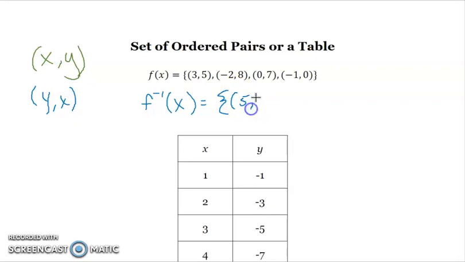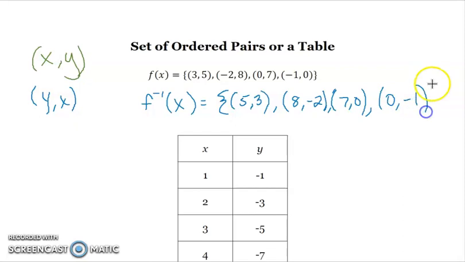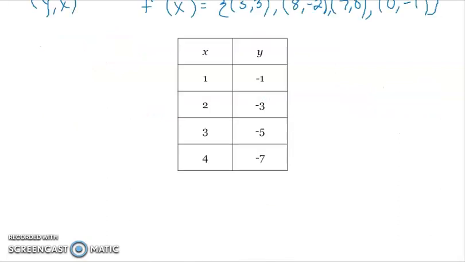So 5 comma 3, notice the x and y are inverted, 8 comma negative 2, 7 comma 0, and 0 comma negative 1. Notice all the values are the exact same, they're just in the reverse order.